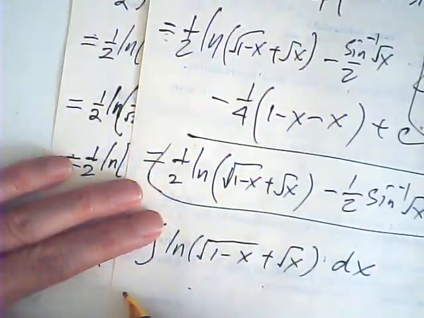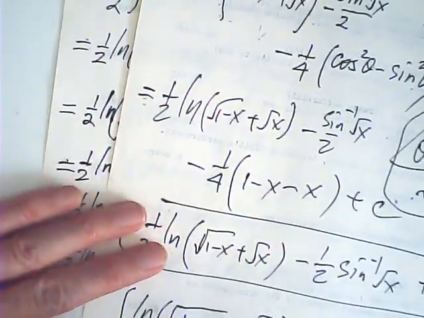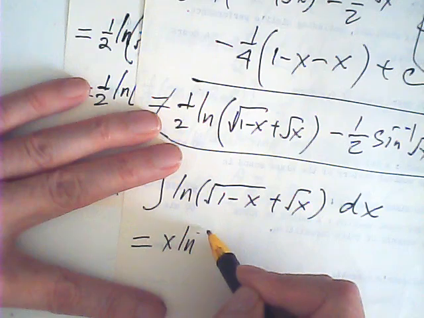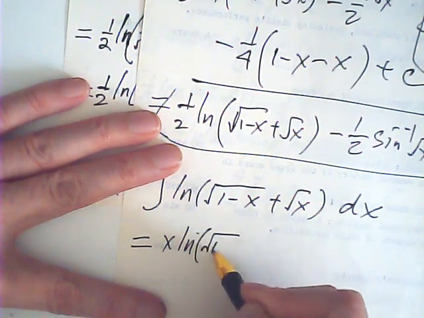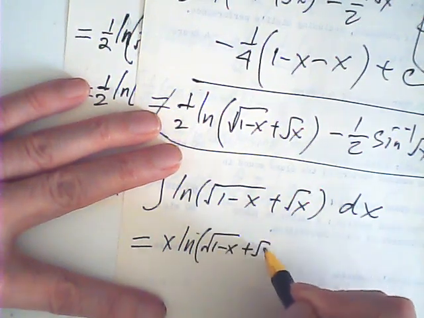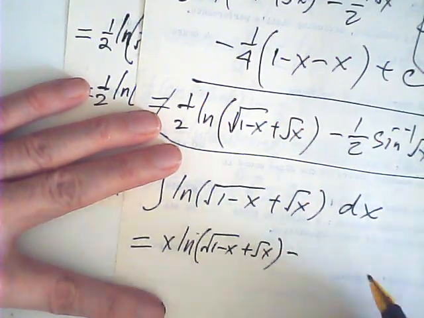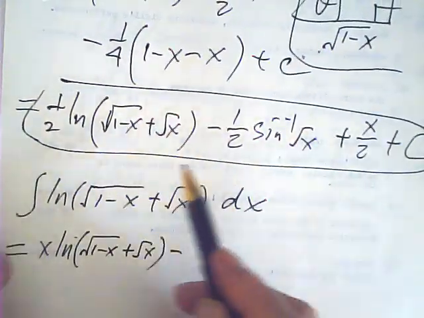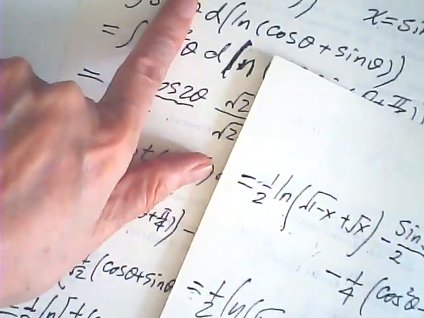So overall it is equal to x natural log 1 minus x plus root x minus this, the whole stuff we are doing.